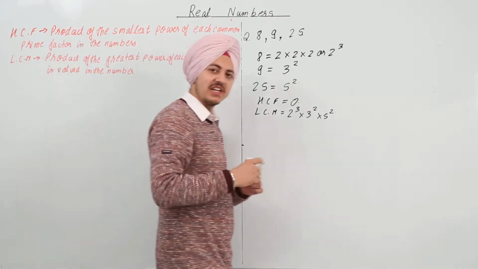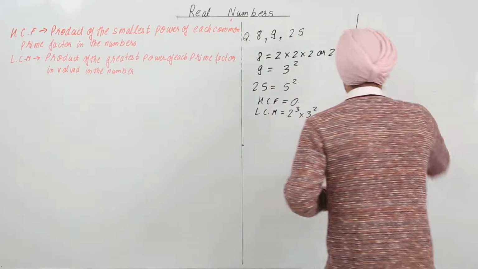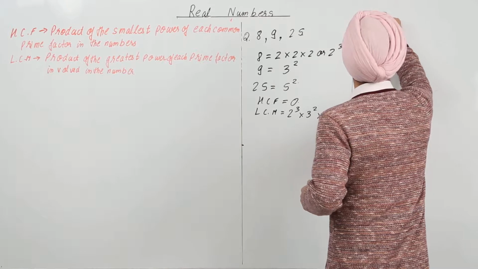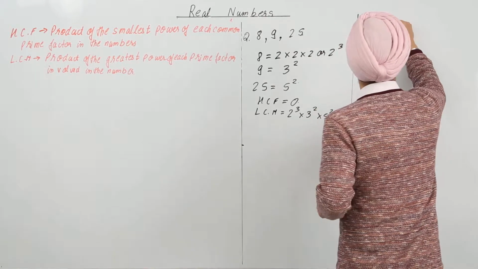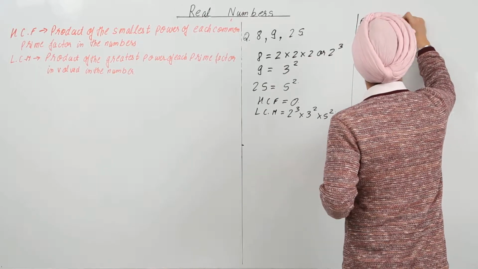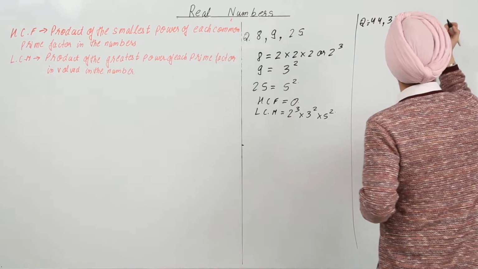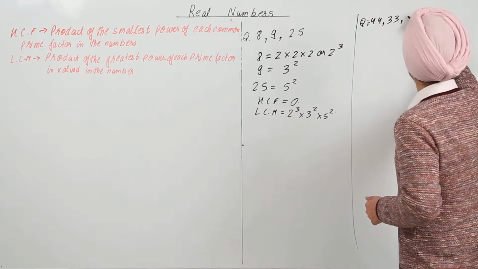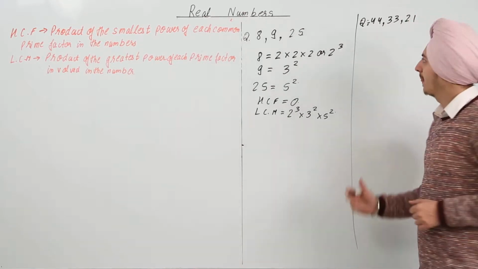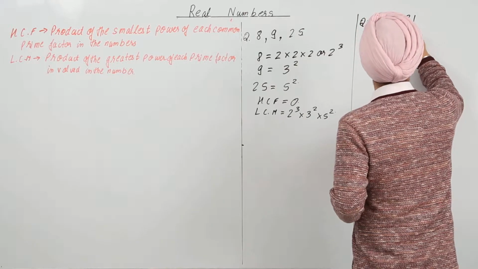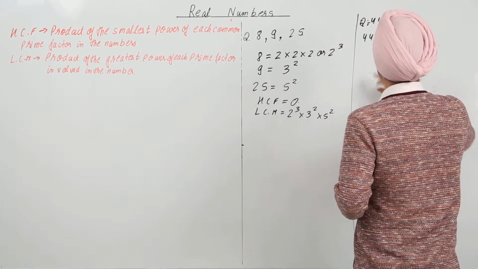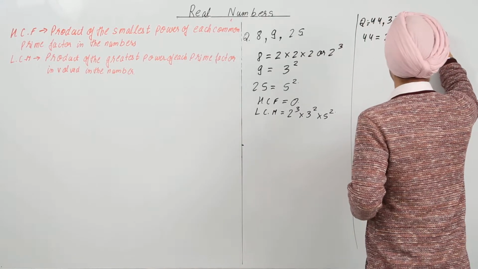Now I'll give you another example, let's say 44. 44 is equal to 2 into 2 into 11.